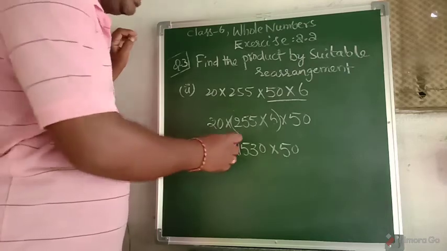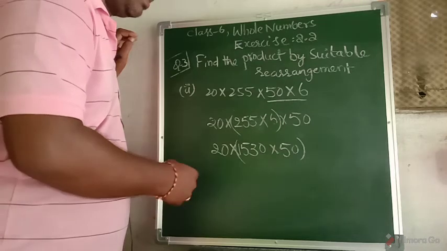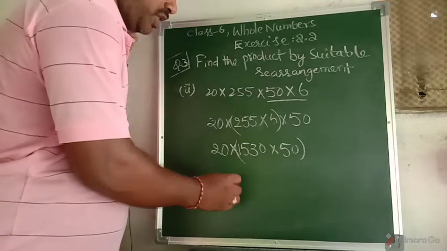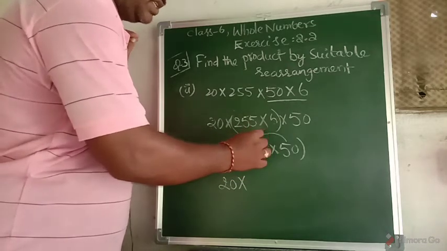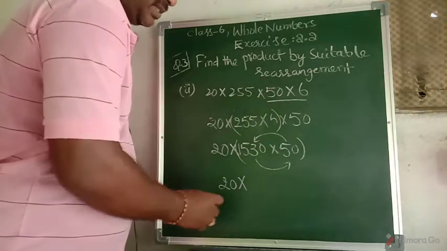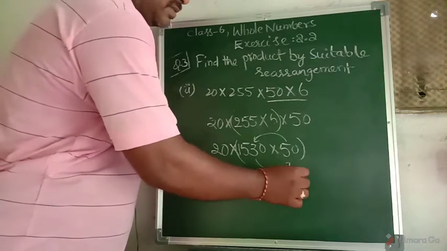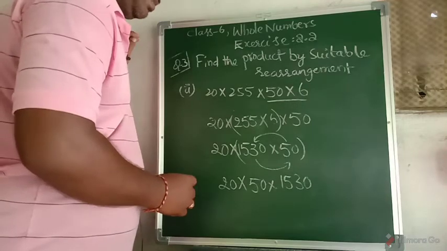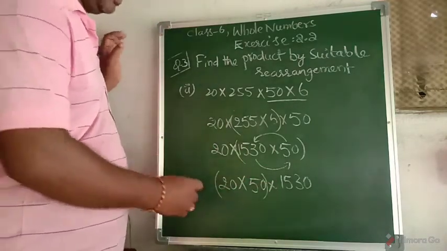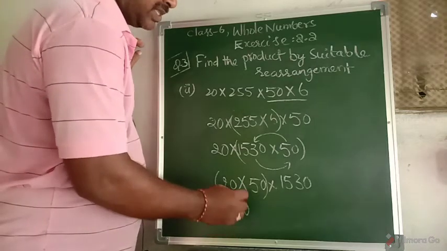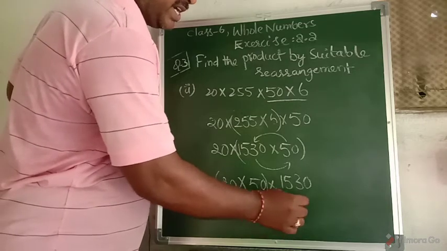Now I am using the commutative property again for these two numbers to make it easy. I am changing the order: 20 into 50 here and 1530. 50 into 20, by using the associative property, I am going to multiply these two numbers. 2 fives are 10, so 1000 into 1530.